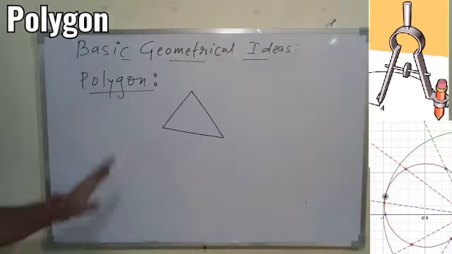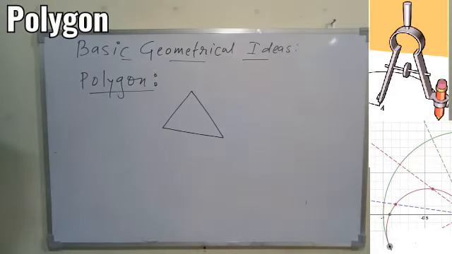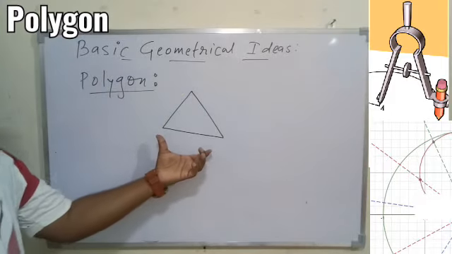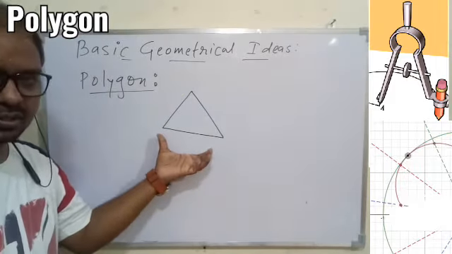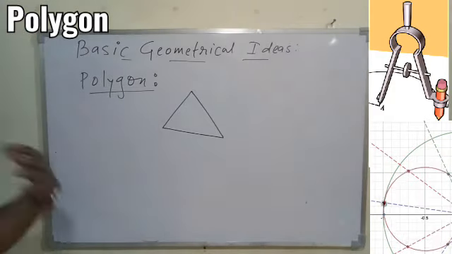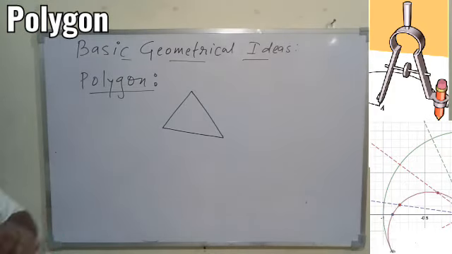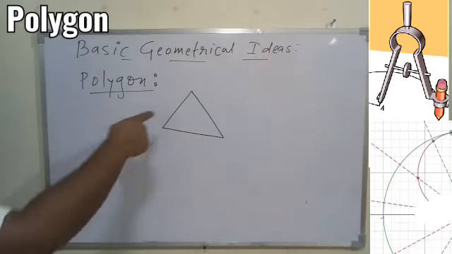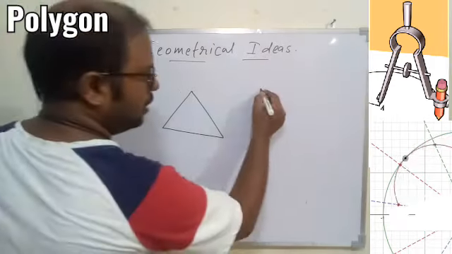You can see I have made one closed curve, and overall this is one line segment, line segment, line segment, and all three are straight line segments. So if a closed curve is made up of only straight line segments, it is called a polygon. We can say this is one of the polygons.